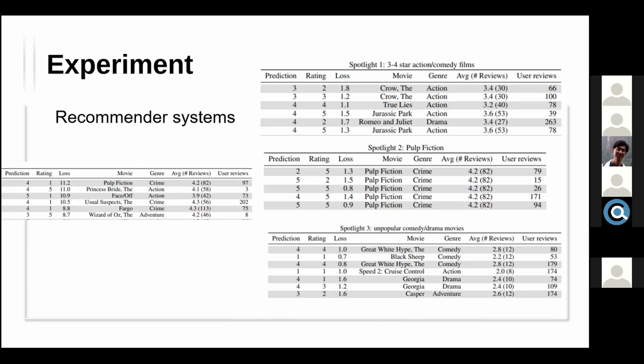And then in their results, they found that the model performs badly on some 3 to 4 star action comedy films, or one particular film, or some, okay.